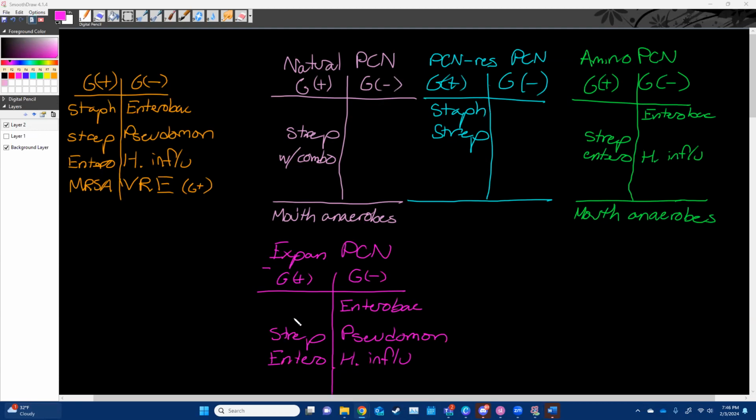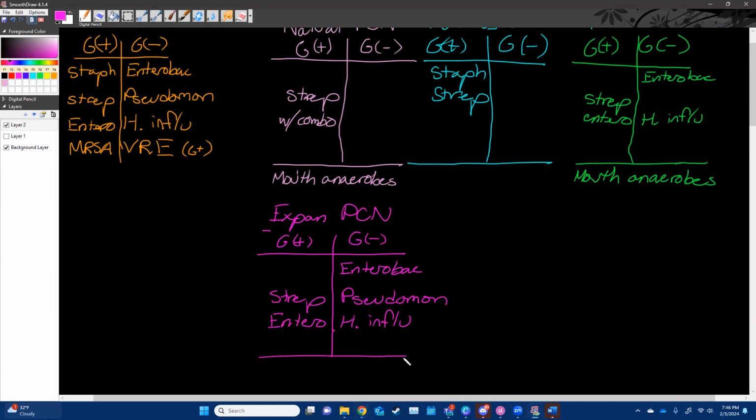Definitely mouth anaerobes, some gut anaerobes, although you really shouldn't rely on them. They're not a real reliable option.